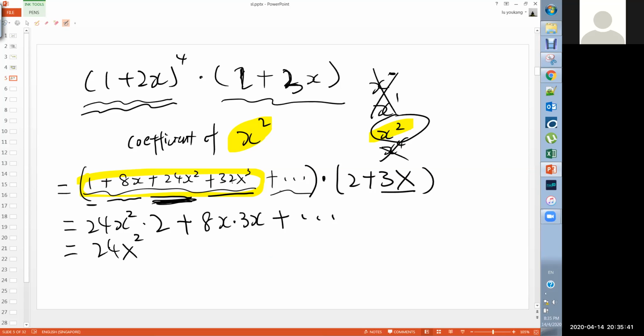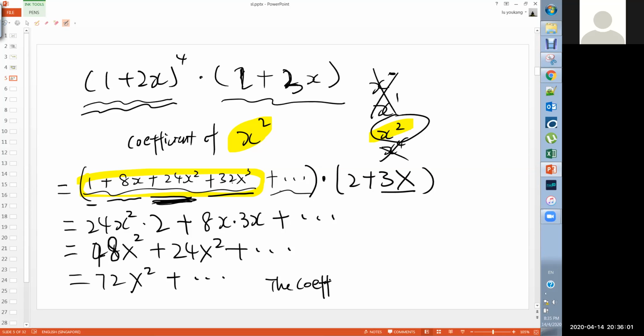So this one also needs a dot, because it's not equal to the first 2 terms, right? So this one equals 72x squared. They want the coefficient, right? So I just answer the question. The coefficient of x squared is 72. That's it for this question.